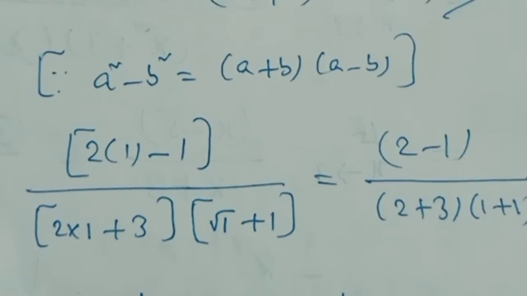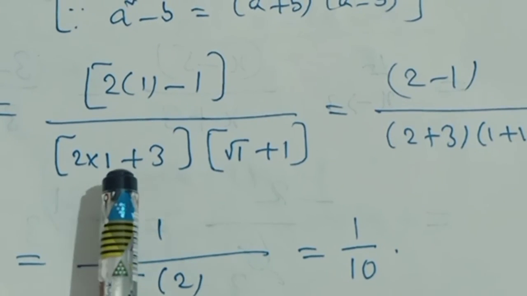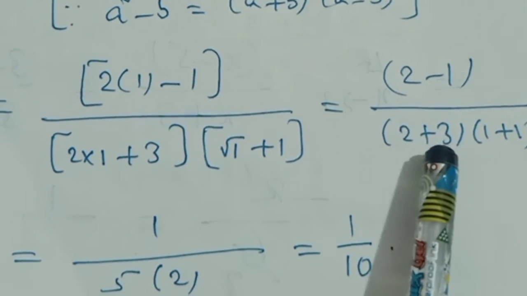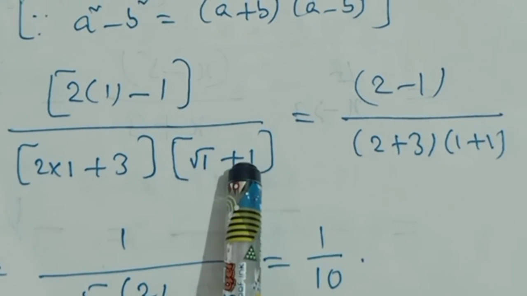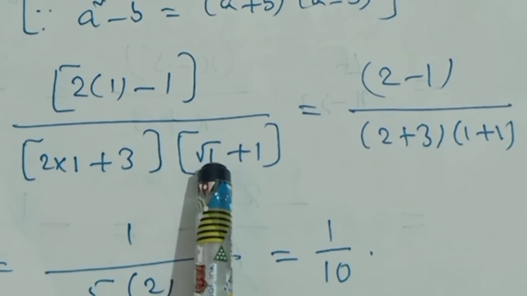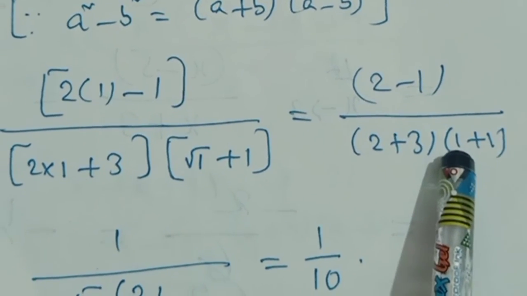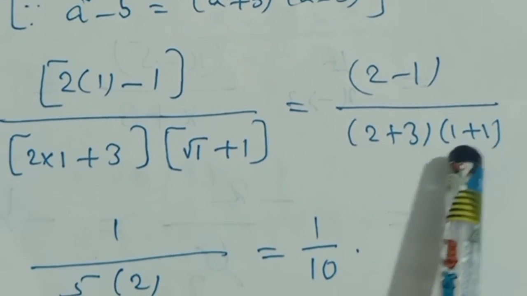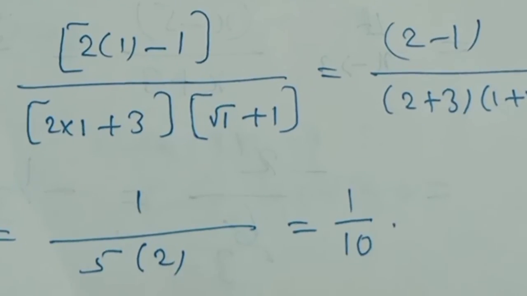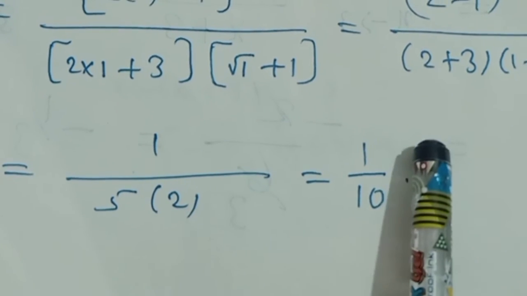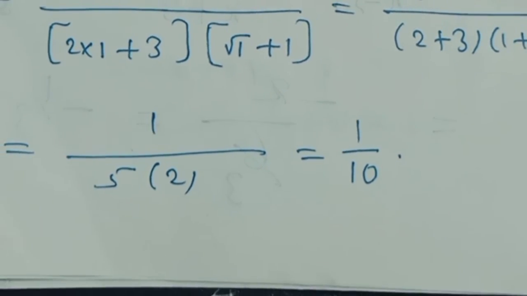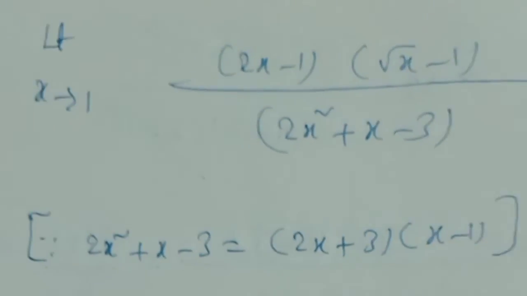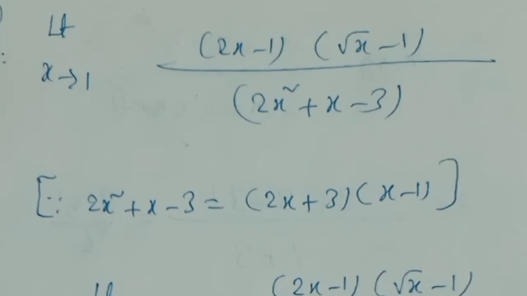Next, the denominator: 2 into 1 is 2, plus 3. So 2 plus 3 is equal to 5, and square root of 1 plus 1: the square root of 1 is 1, and 1 plus 1 is equal to 2. So finally the numerator value is 1 and the denominator value is 10. So the fifth sum answer is 1 by 10.